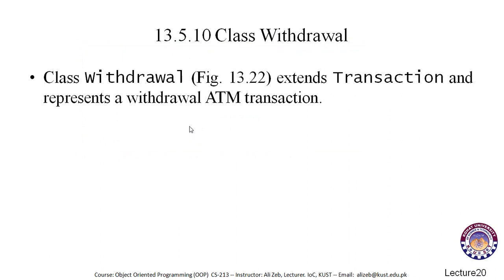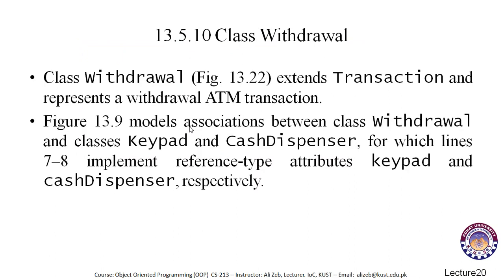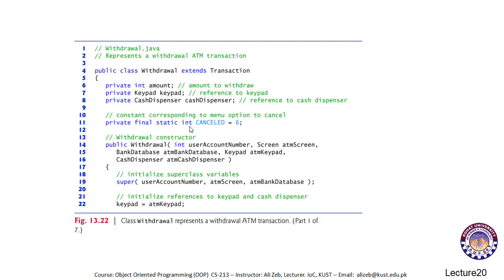The Withdrawal class extends Transaction and represents a withdrawal ATM transaction. Figure 13.1 models the association between class Withdrawal and classes Keypad and CashDispenser. Lines 7 and 8 implement reference-type attributes keypad and cashDispenser respectively.